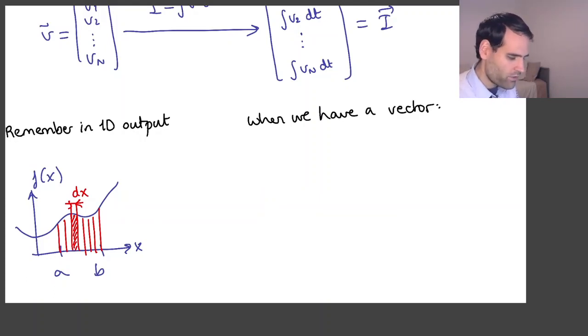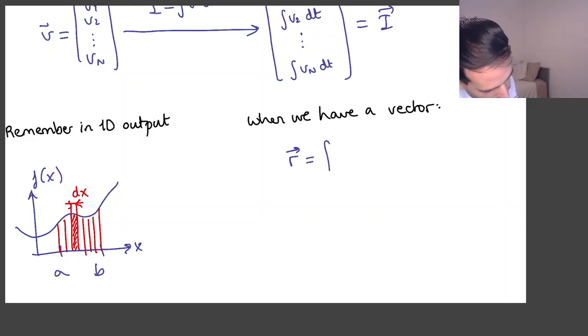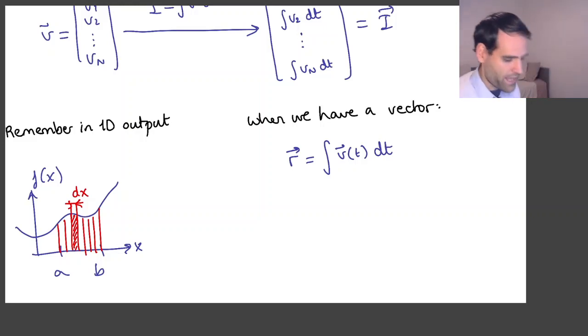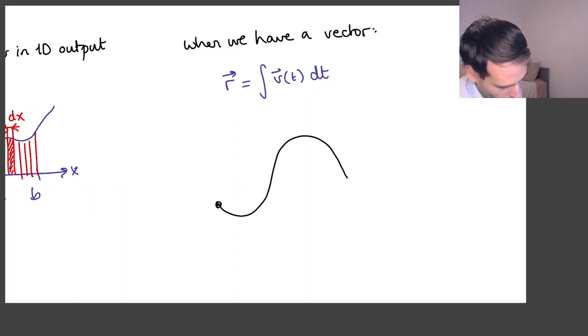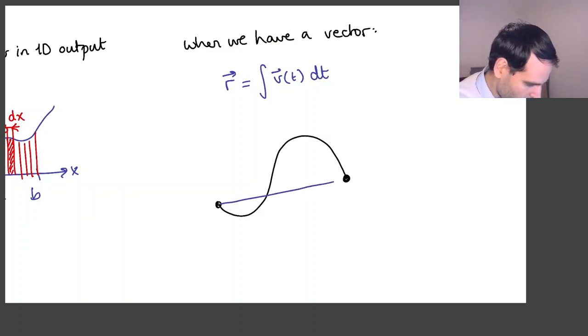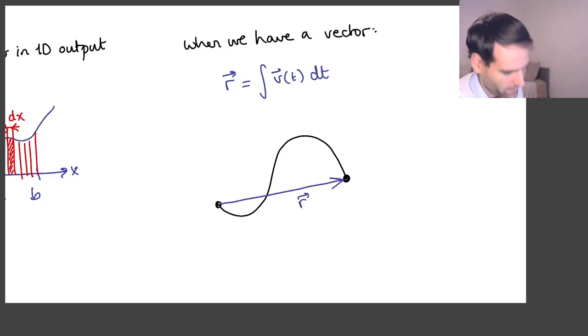So an equation you have used in classical mechanics is that the total position moved by an object is equal to the integral of the velocity with respect to time. So you were already doing this integration of vectors. So what is this integral saying? So this is basically looking at an object that is moving through a path in space, yeah? And you want to find the total displacement r, which is this displacement here.